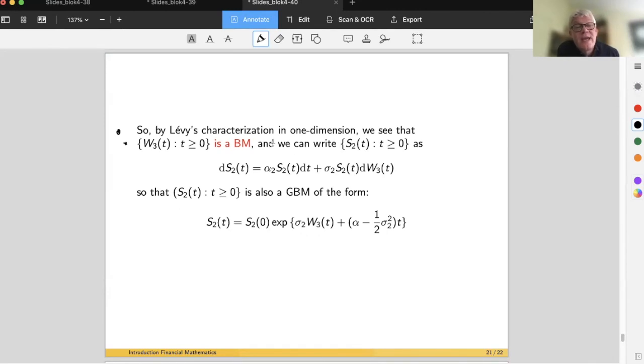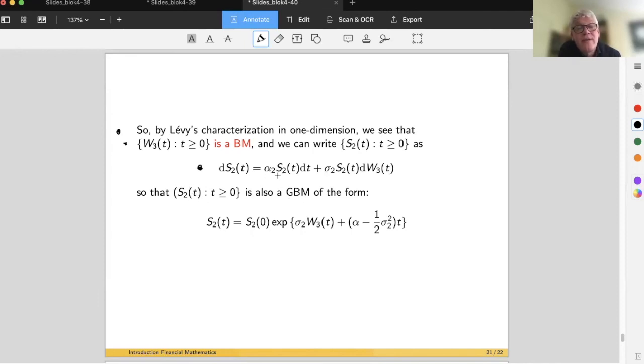And therefore, we can write S2_t, t greater or equal to 0, with the W3_t. dS2_t is alpha 2 S2_t dt plus sigma 2 S2_t dW3_t. And this is the familiar form, of course. So this is a geometric Brownian motion.